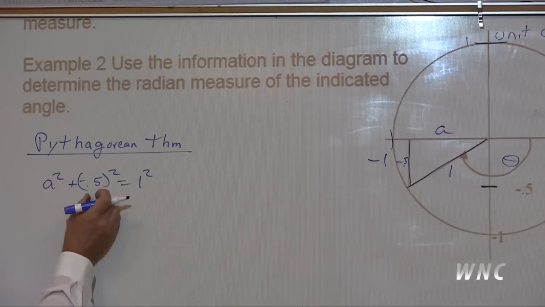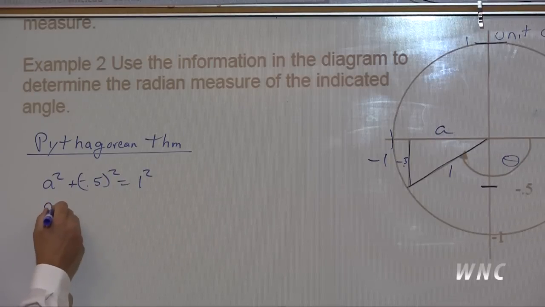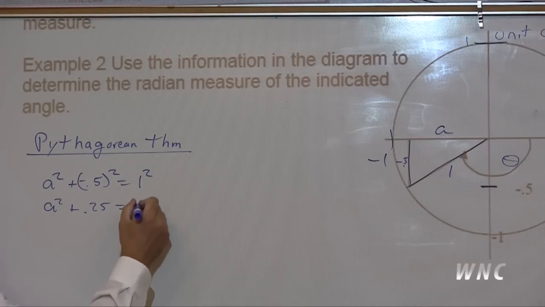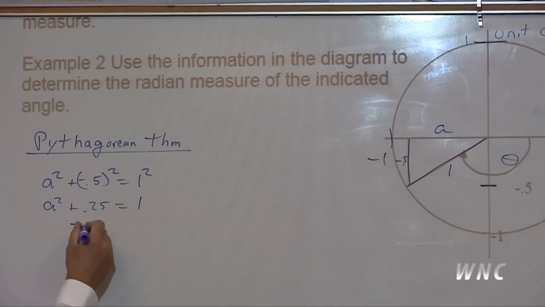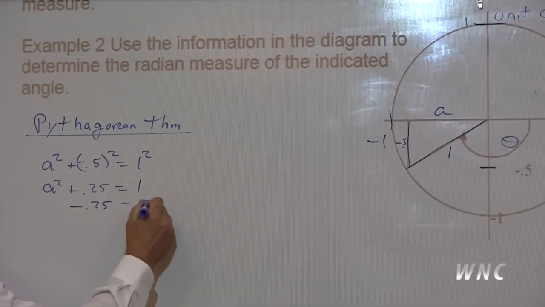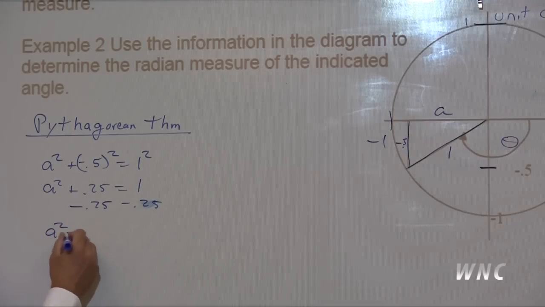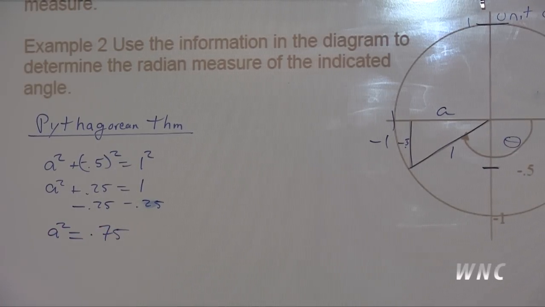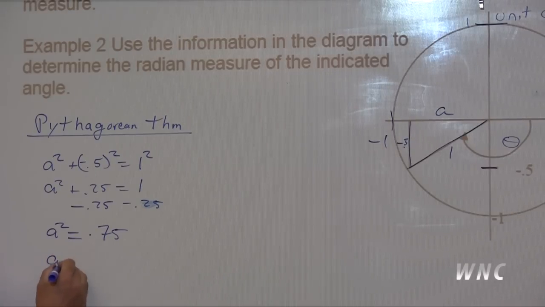The sum of the squares is the square of the hypotenuse. So A squared plus 0.25 equals 1. If we subtract 0.25, A squared is equal to 0.75. So A is equal to the square root of 0.75.